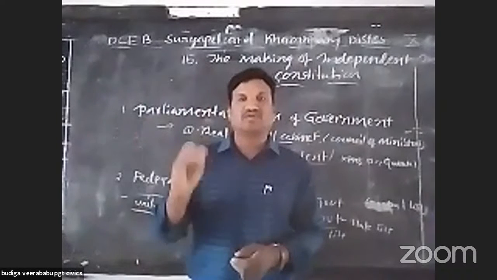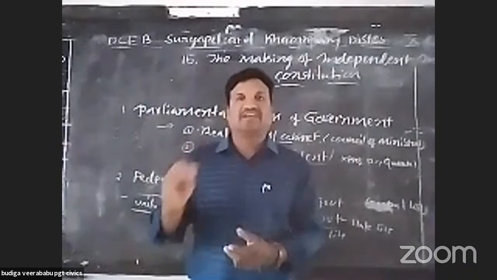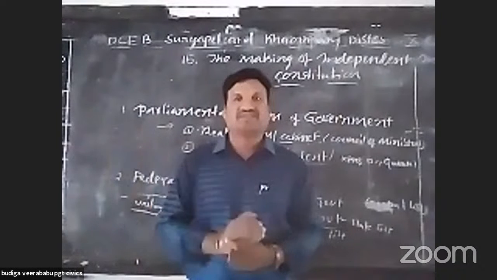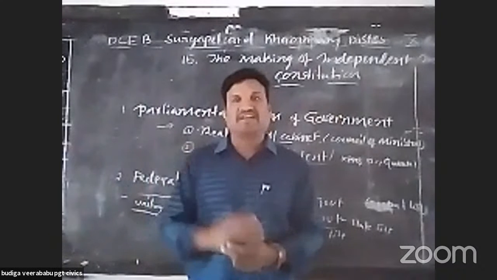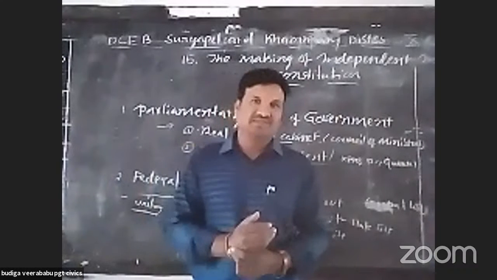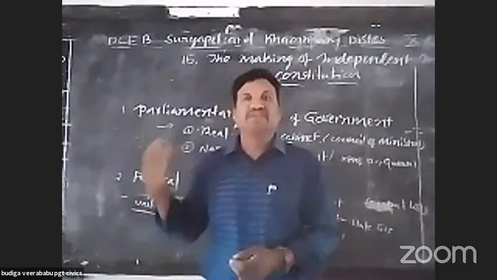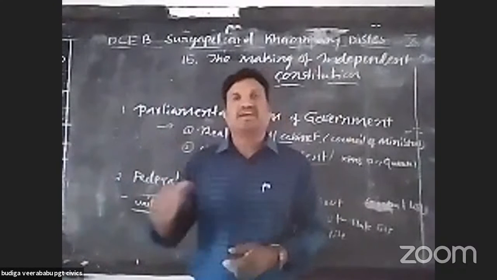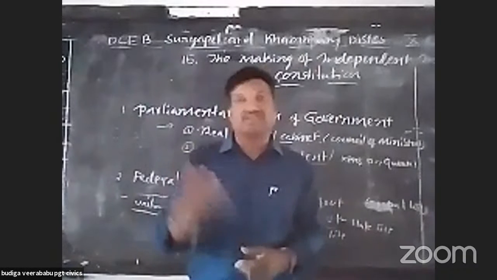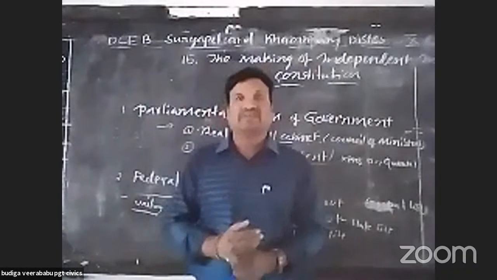That means the Lok Sabha members are elected by the people directly in the elections every 5 years. The president, prime minister of India and the Lok Sabha MPs enjoy the real powers because they have the majority in Lok Sabha and they are elected by the people directly through the universal adult franchise election system.